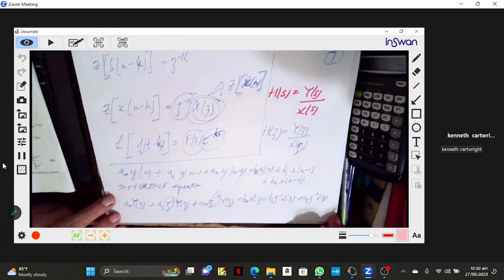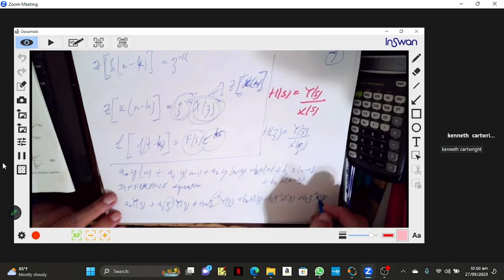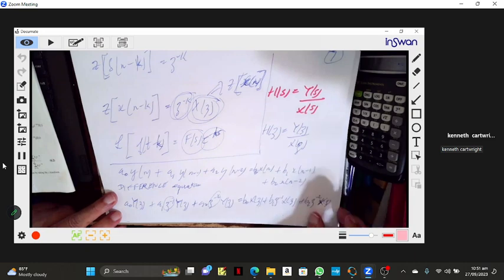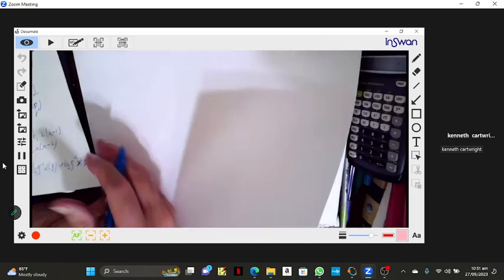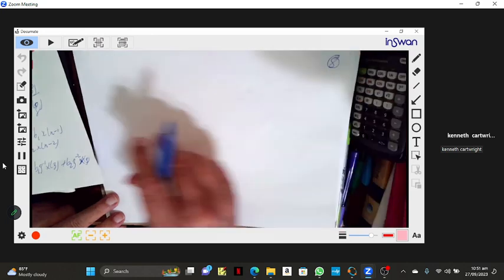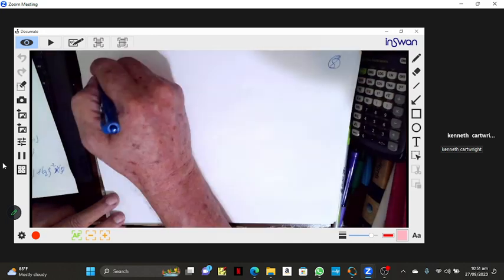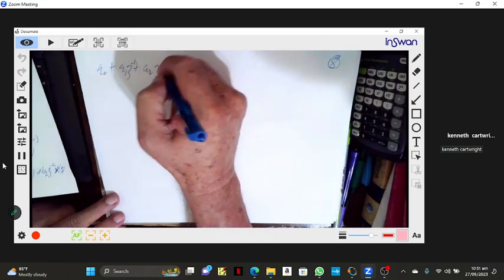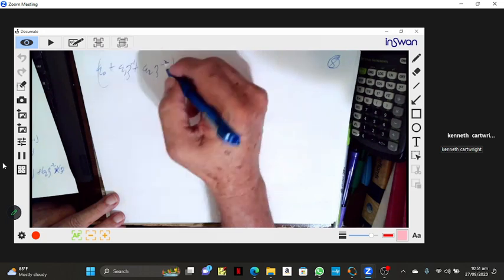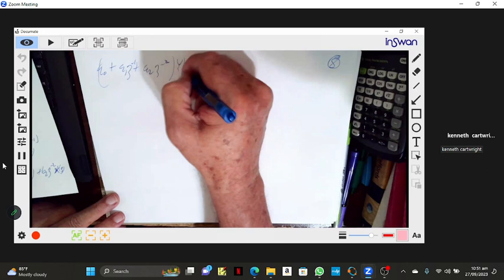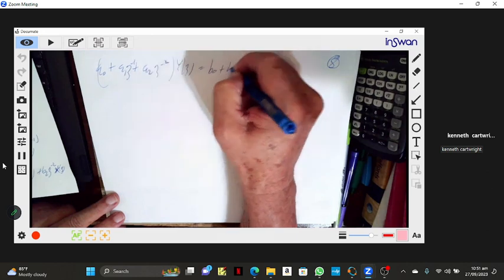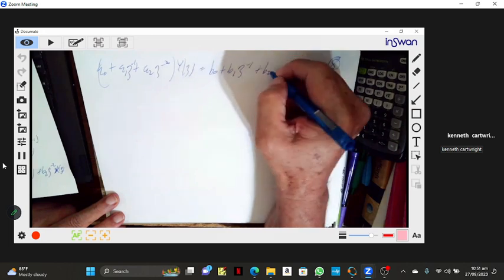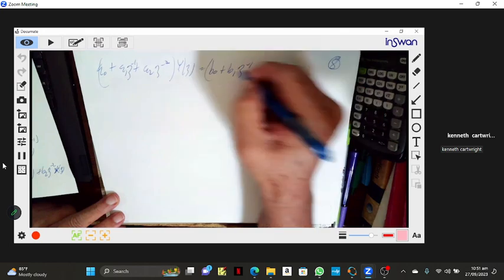Okay, I'm going to the next slide. We have a0 plus a1 z to the negative 1 plus a2 z to the negative 2, times Y of z, equals b0 plus b1 z to the negative 1 plus b2 z to the negative 2, times X of z.